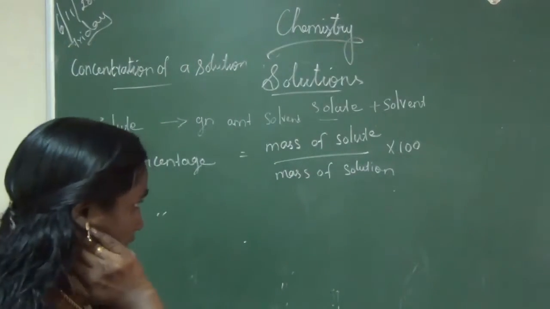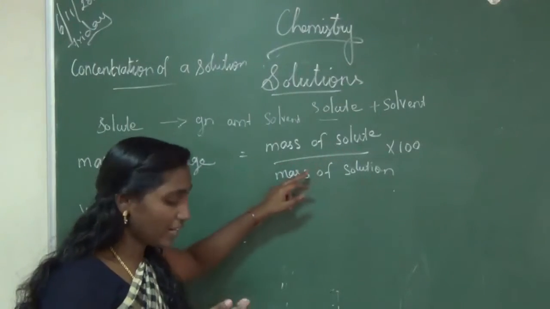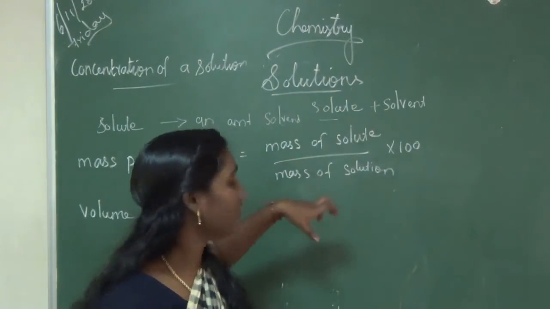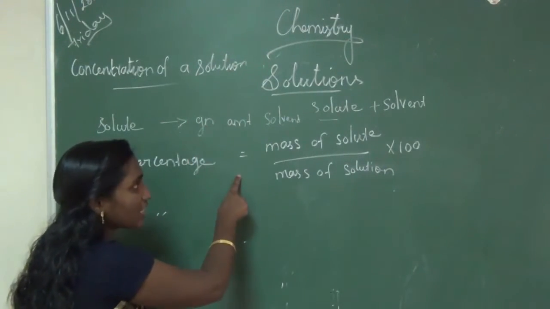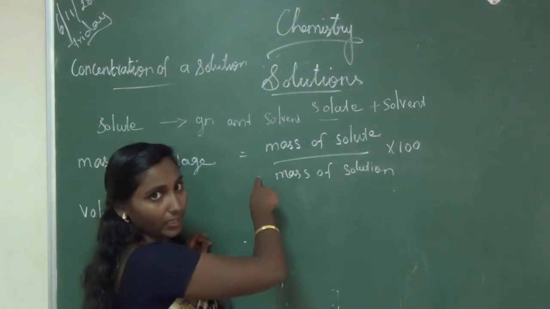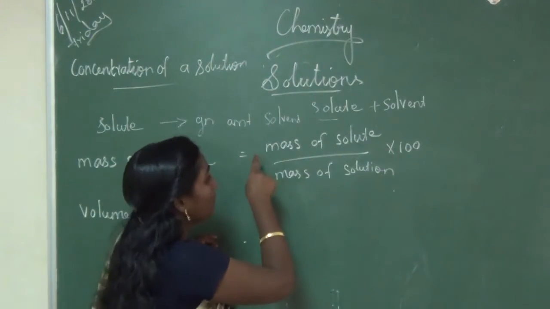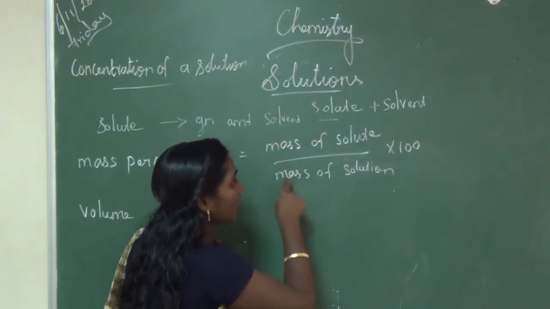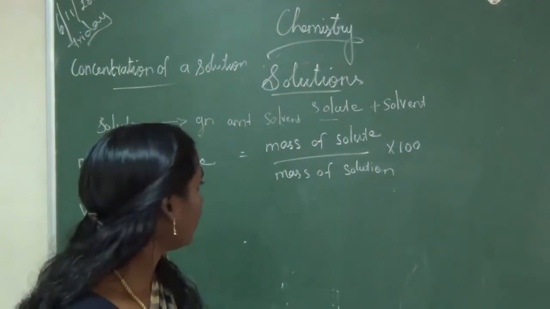You should write the words percentage by mass of solute present in given mass of solution. Have you understood?